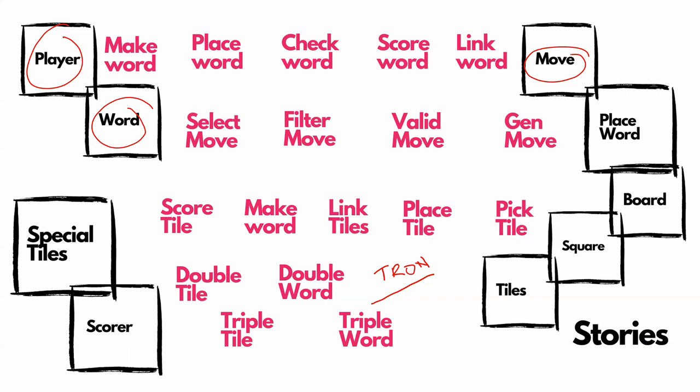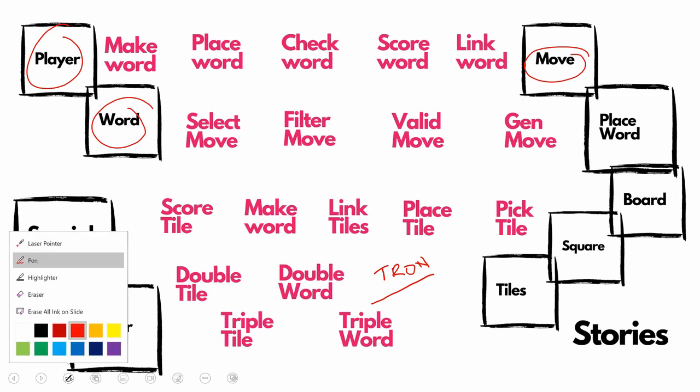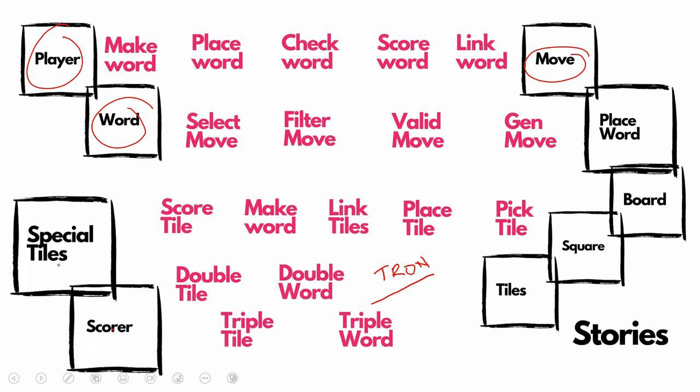Okay. So now players and word make a move. How do they make a move? They make a word. Then they place that word. But where do they place that word?